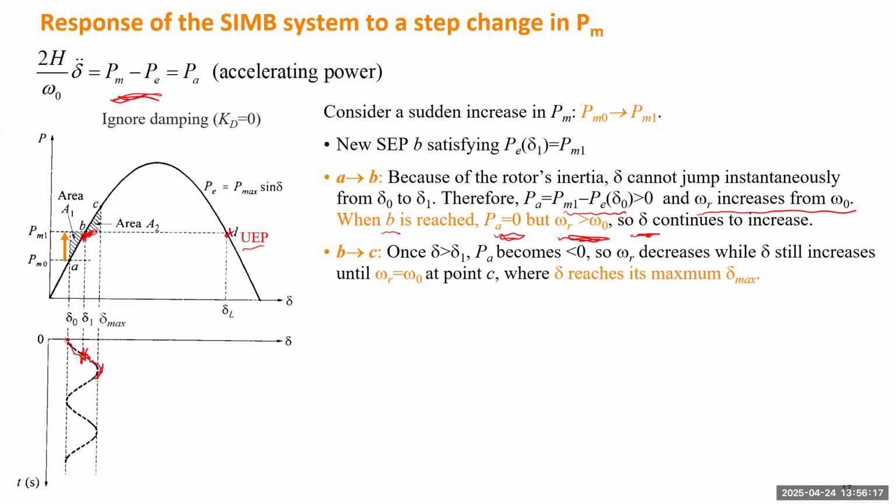The second step is to move from B to C. When the angle is higher than the angle of the new equilibrium point, the accelerating power becomes negative, which means the speed will decrease.